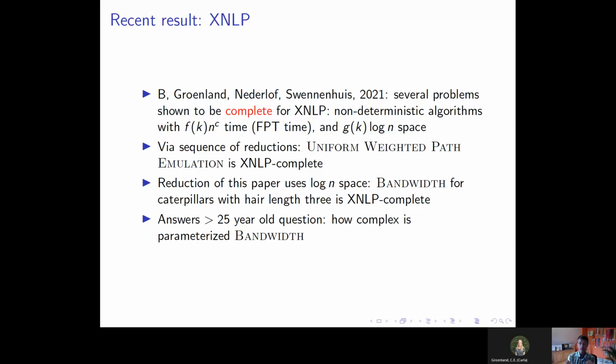So for this reason, we now get that bandwidth for caterpillars with hairs of length at most 3 is actually complete for this class XNLP. And this answers the question that we asked more than 25 years ago: how complex is actually parameterized bandwidth? Because now we have actually a class of problems for which bandwidth is complete.